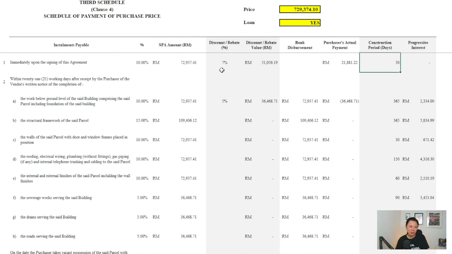Usually what I see is maybe 7 plus 5, 7.7. Now let us run a scenario. What if the developer is giving 10% discount and 10% rebate? Same unit.